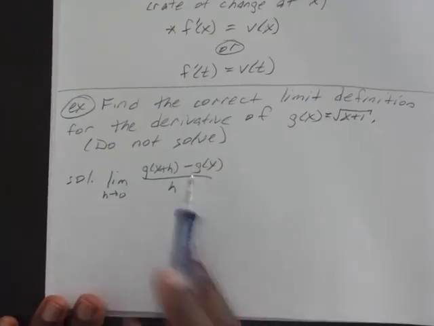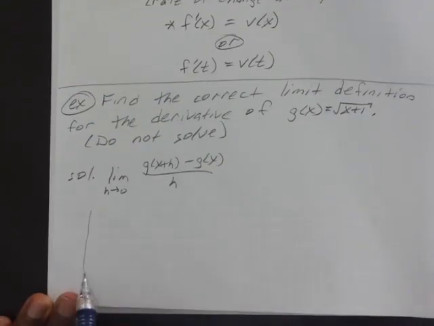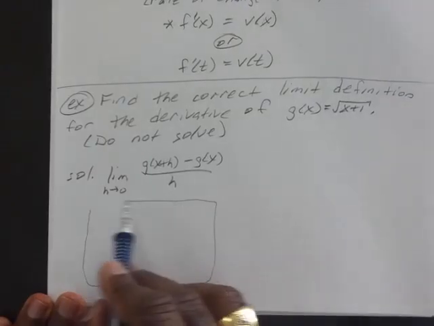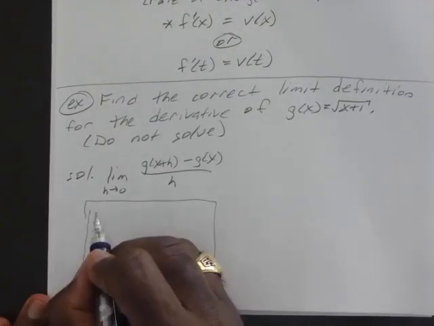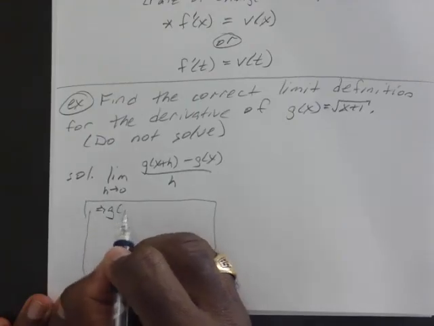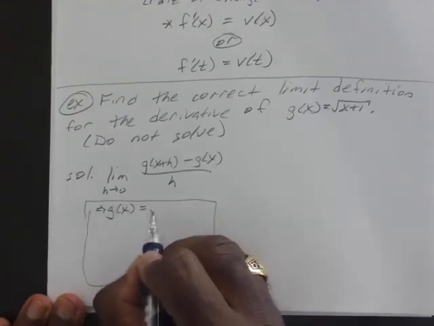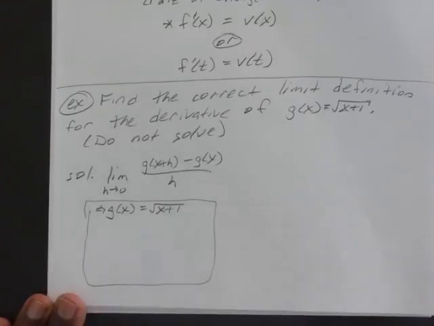Now the g of x, we already have that. That was given to us. So we'll make that little box there. So we know that g of x is just the square root of x plus 1.